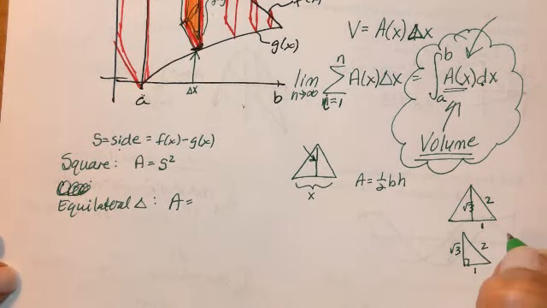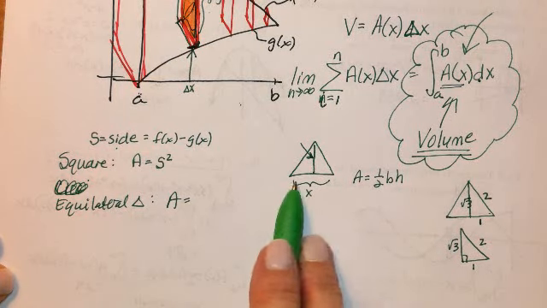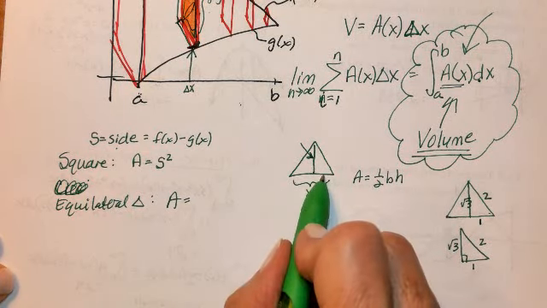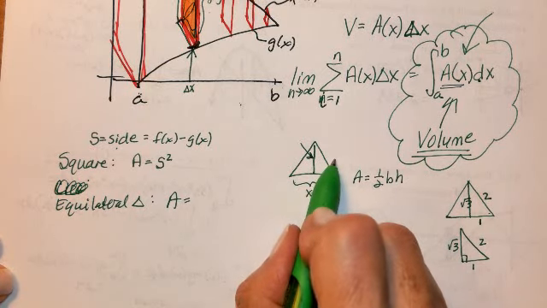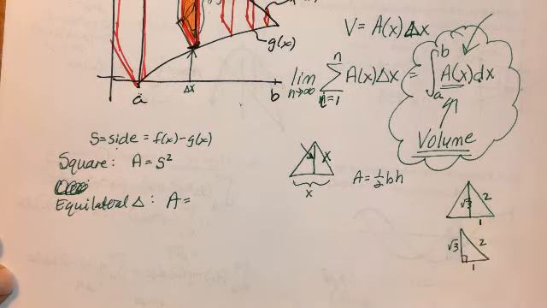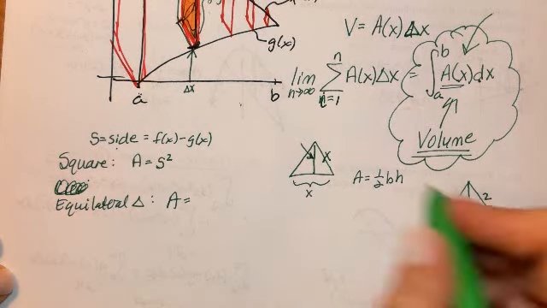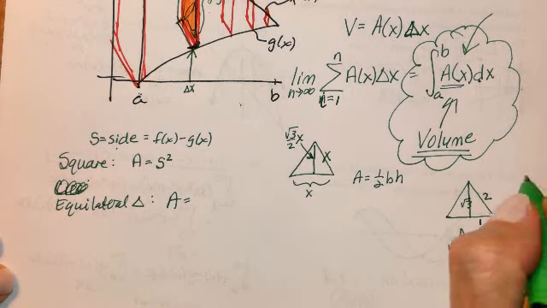So if this is x, then this half would be x over 2. So this side would have to be x, and the height would have to be square root of 3 over 2 x. That would be the ratio, right?